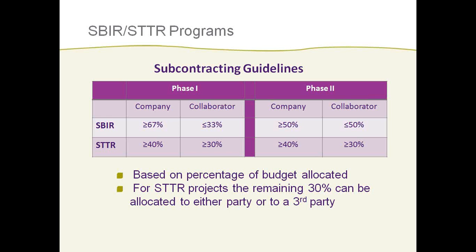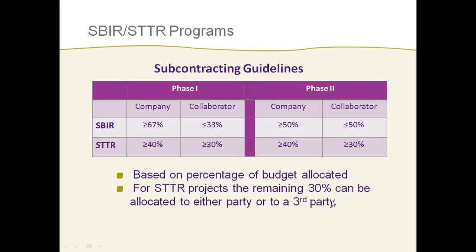These can go to outsiders, other firms, big companies, small companies, to universities, wherever you can get that work done. And for Phase 2, up to 50% of the budget can be subcontracted. STTR is a little bit different, but you see it still allows subcontracting to occur.